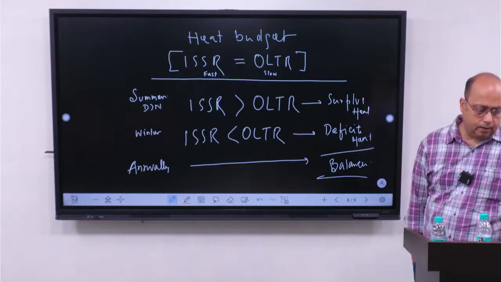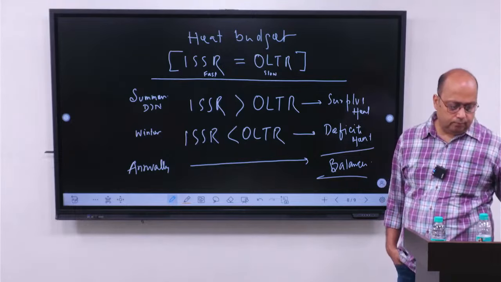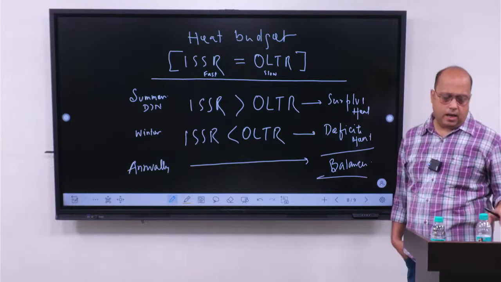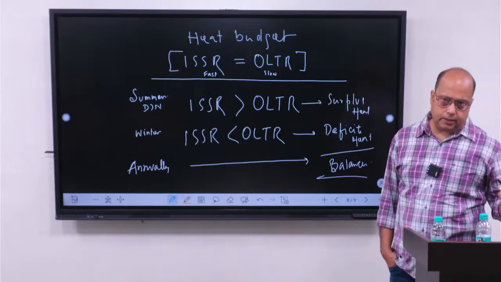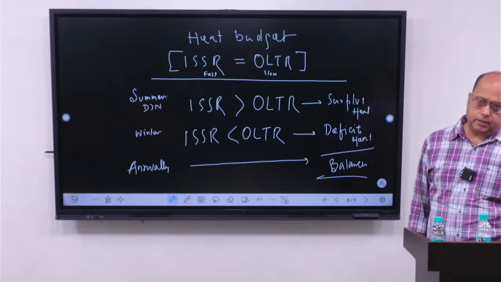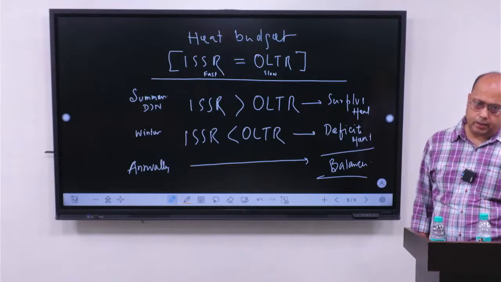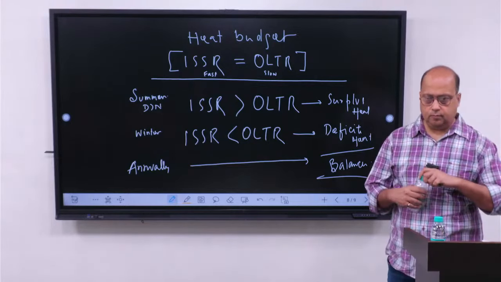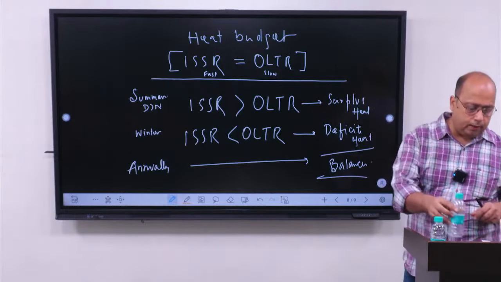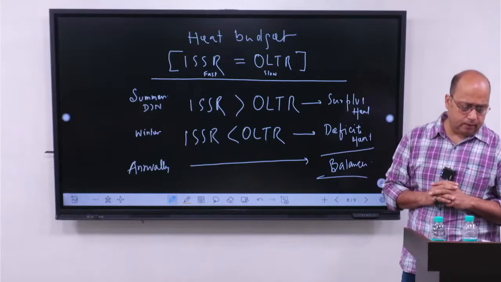Right. In summer season, as incoming solar radiation is greater than outgoing terrestrial radiation, atmospheric temperature increases.